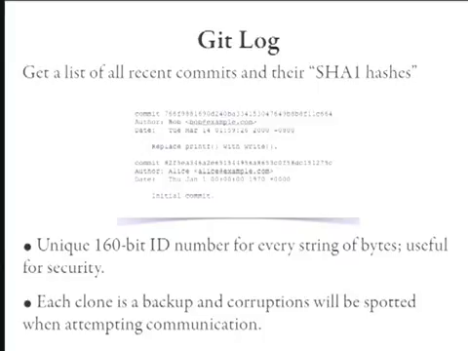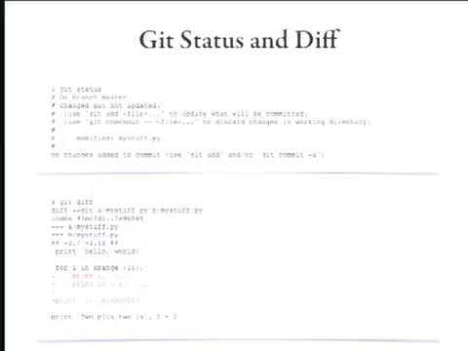We can go through and see what the current status of our repository is by doing git status. This will let us know if any changes to particular files have been made, or if files have been added but not yet committed.